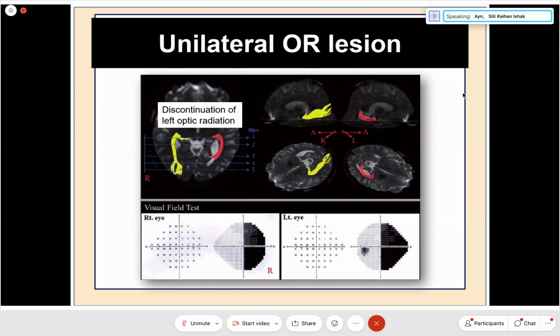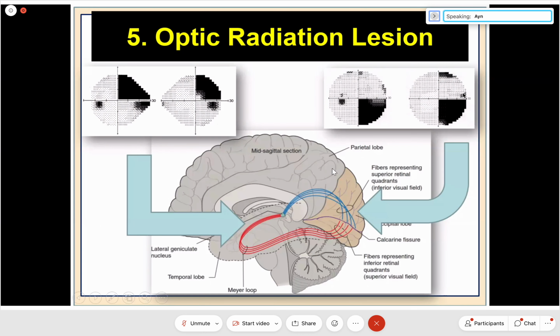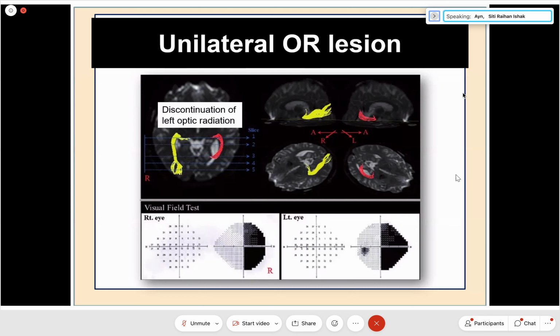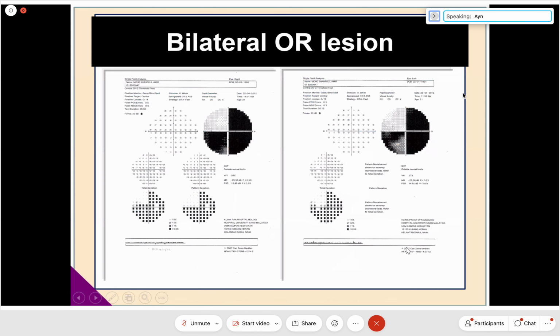Like the LGB, the optic radiation can have a unilateral or bilateral lesion as well. If both the Meyer loop and the superior fibers are involved, if the lesion is quite extensive, the patient can have hemianopia. In this case, for example, the optic radiation on the left side is discontinued, so we can see the patient develops right homonymous hemianopia.